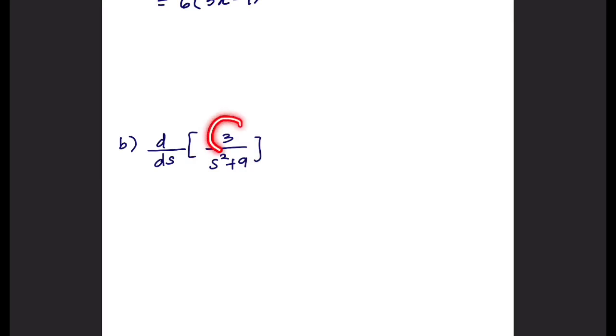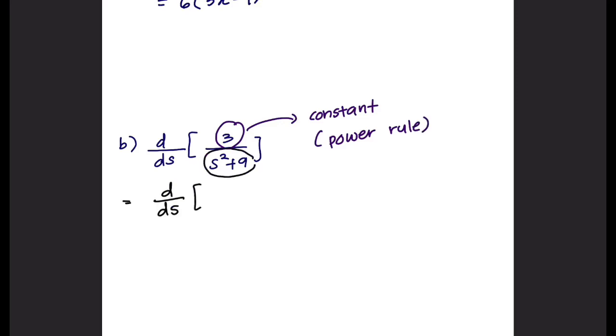If you see this function of s and on top of this function we have a constant, then proceed with the power rule. First bring this function on top, so we'll have 3 (s squared plus 9) power of negative 1.